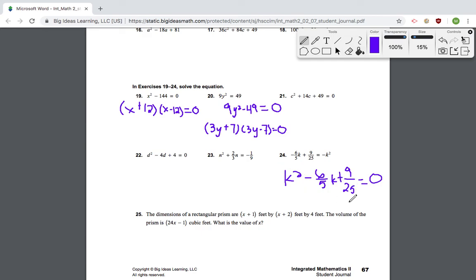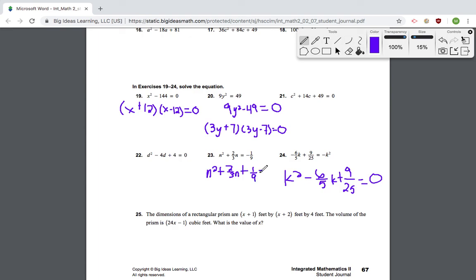So this is k, and this would be 3/5. Analyze this carefully using the product patterns to figure out what you would do with that k and 3/5. Here you would add 1/9, so n squared plus 2/3 n plus 1/9.